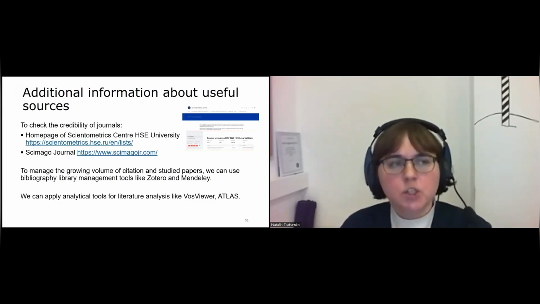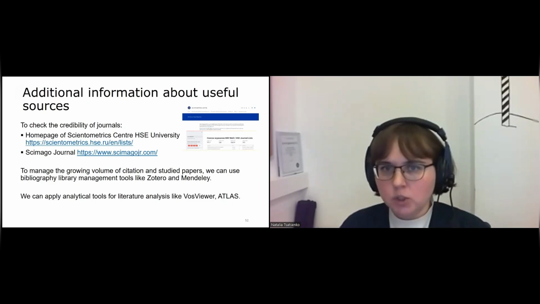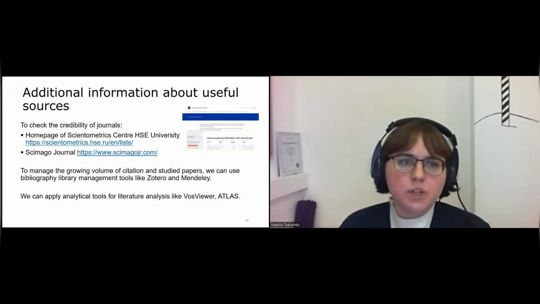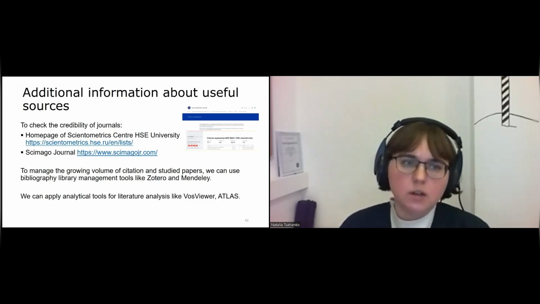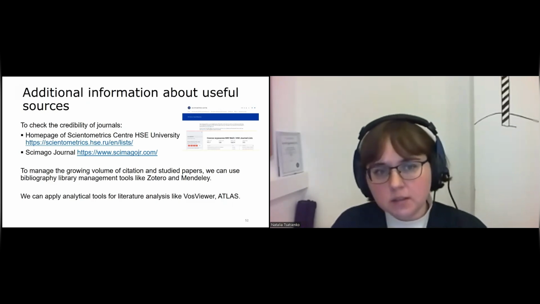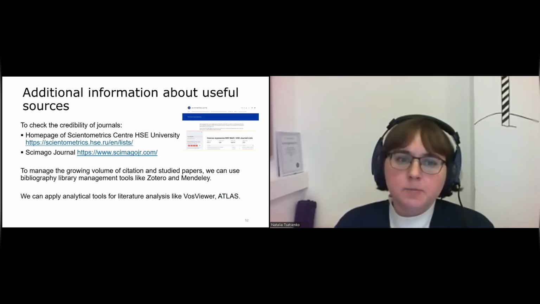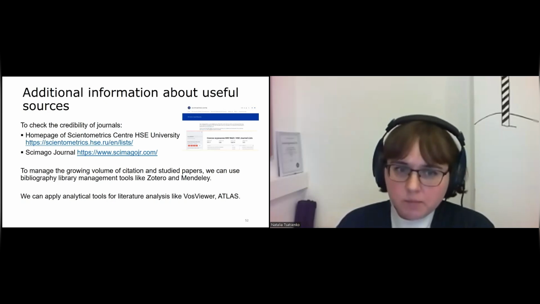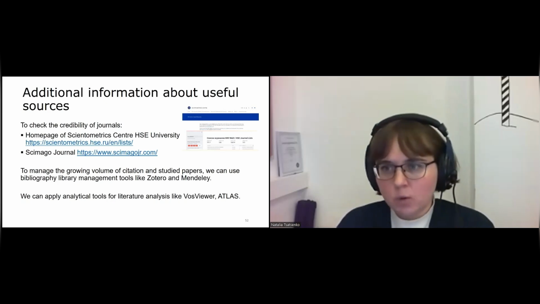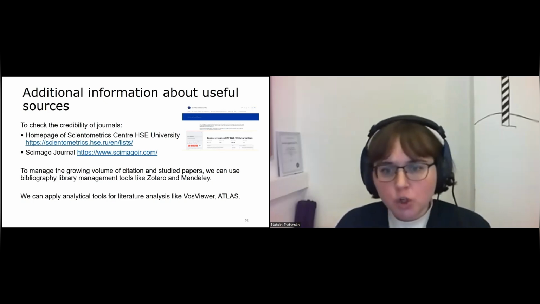Regarding how we can check the quality of the sources, we can use the university homepage from the Scientometrics Center, and check the quality of journals or the Scimago journal rank.